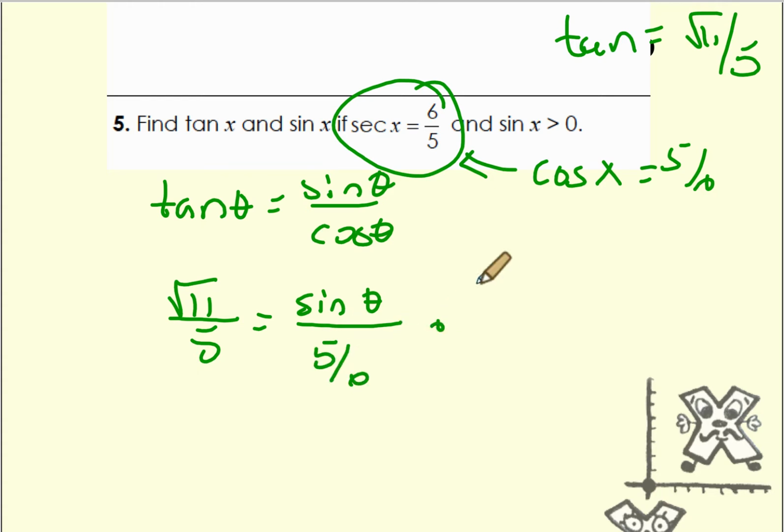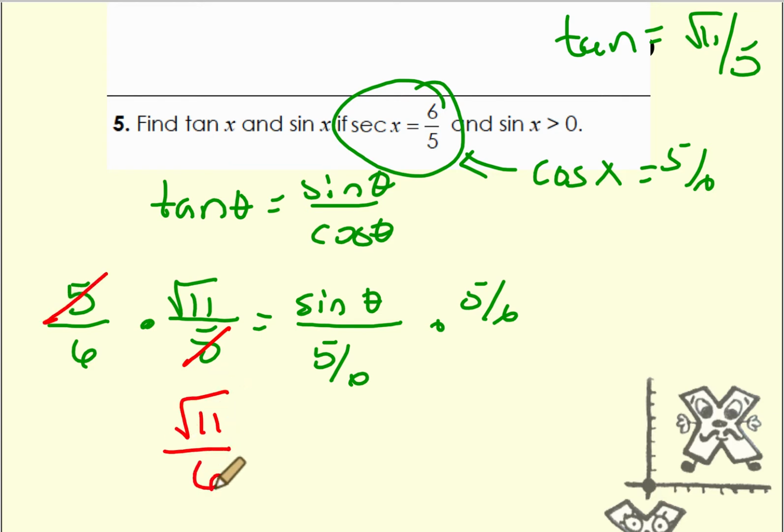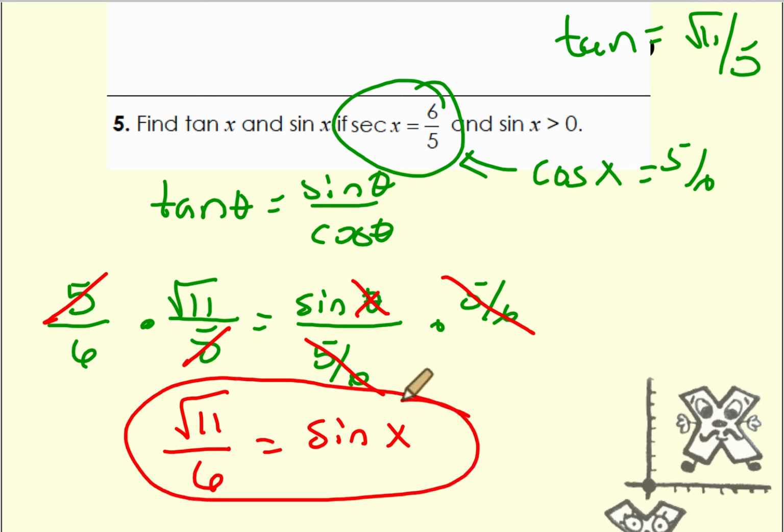Okay, so I'm going to multiply both sides by 5 over 6. So 5's cancel, leaving me square root of 11 over 6. And on this side, 5 sixths cancels 5 sixths, leaving me sine of, I should put an x there, sorry about that. So we have sine of x is square root of 11 over 6. Tangent of x is square root of 11 over 5.